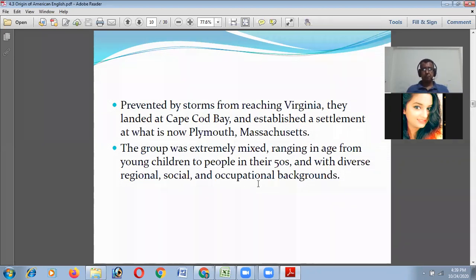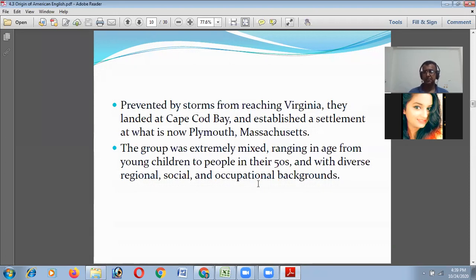Prevented by storms from reaching Virginia, they landed at Cape Cod Bay and established a settlement, what is now Plymouth, Massachusetts. So another state.